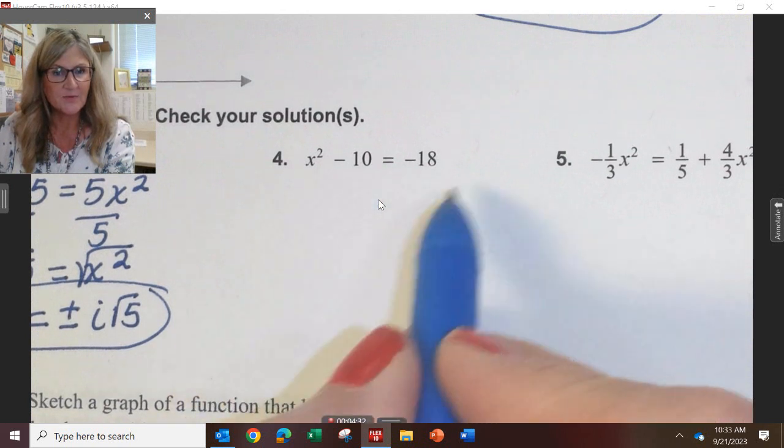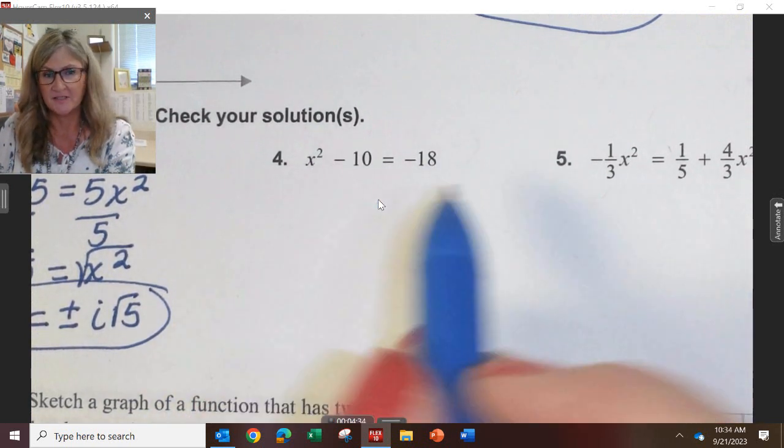Okay, go ahead and try this one on your own. I'm not going to talk you through it. If you get stuck, you can look up here.